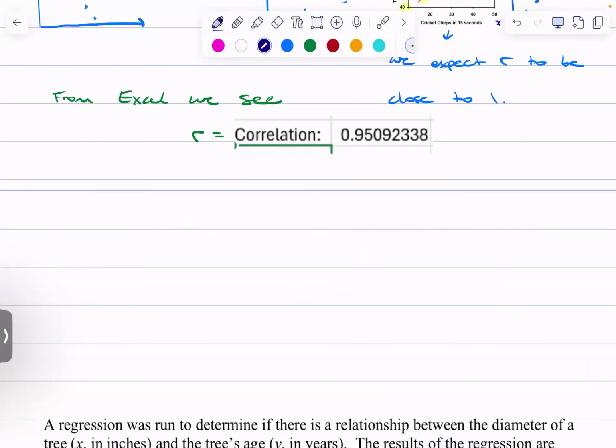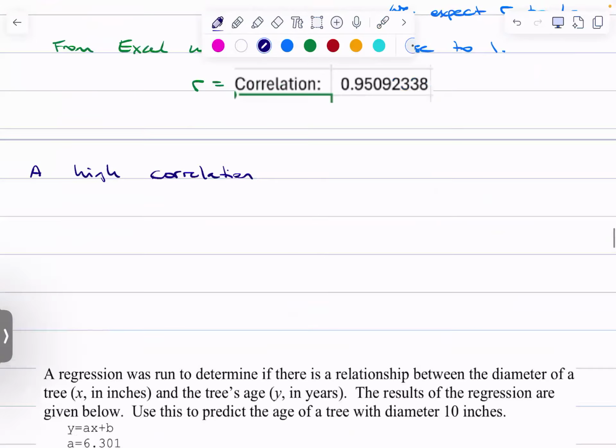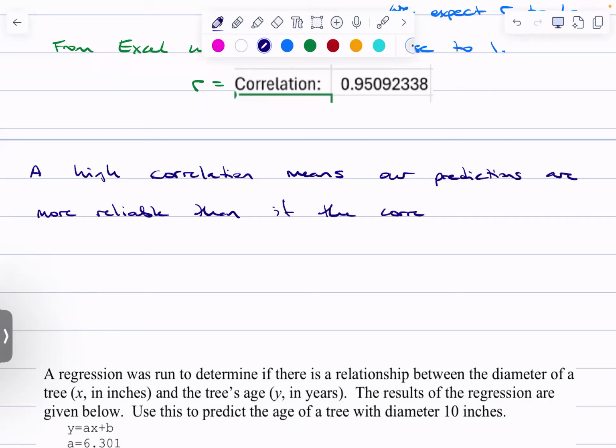And so a high correlation means, I should say, our predictions are more reliable than if the correlation is low.